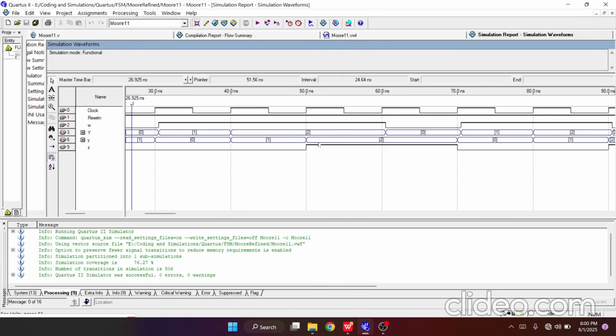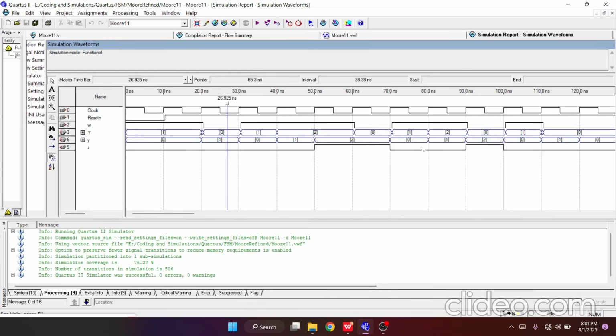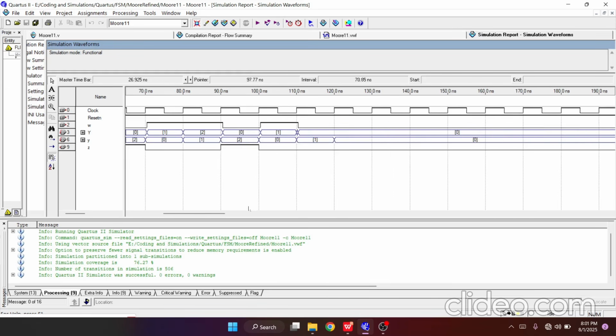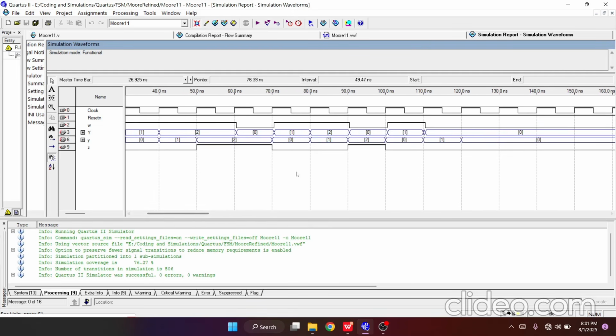So in the next clock cycle, after 2 whole clock cycles of W, we are getting Z high in the 3rd clock cycle. And for this W equal 1 also, we are getting Z equal 1 here as well, from 60 to 70 nanosecond. Okay, so this is how you can know that you are getting the correct result.